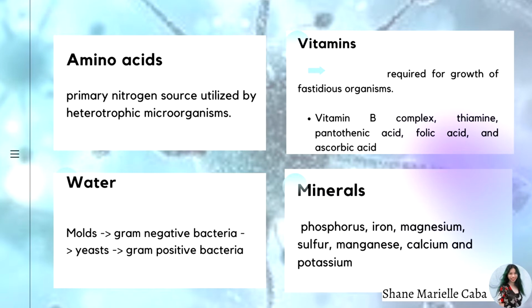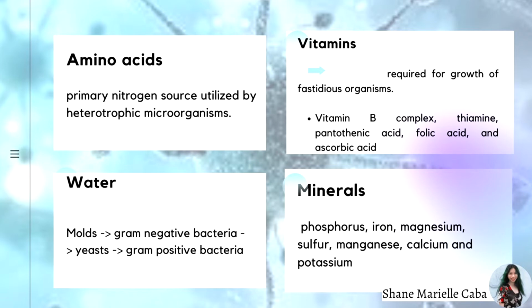Examples of minerals that are required for microbial growth include phosphorus, iron, magnesium, sulfur, manganese, calcium, and potassium. In general, small amounts of these minerals are required, thus a wide range of foods can serve as good sources of minerals.